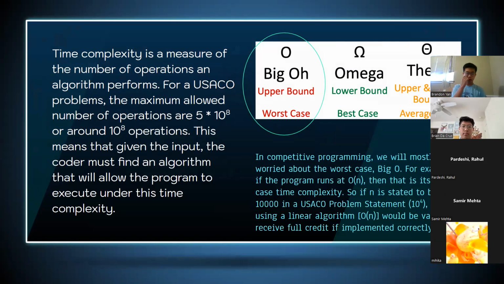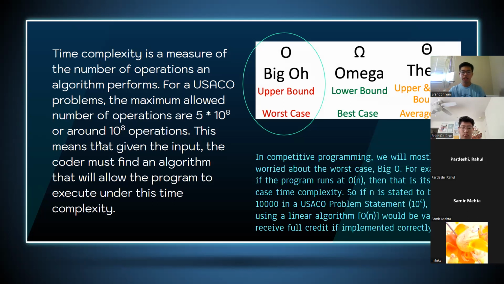I'll go more in depth about that later. In USACO problems, the number of operations is around 5 times 10 to the 8th, or around 10 to the 8th operations. So given the input, the coder must find an algorithm that will execute on the input size under this time complexity.